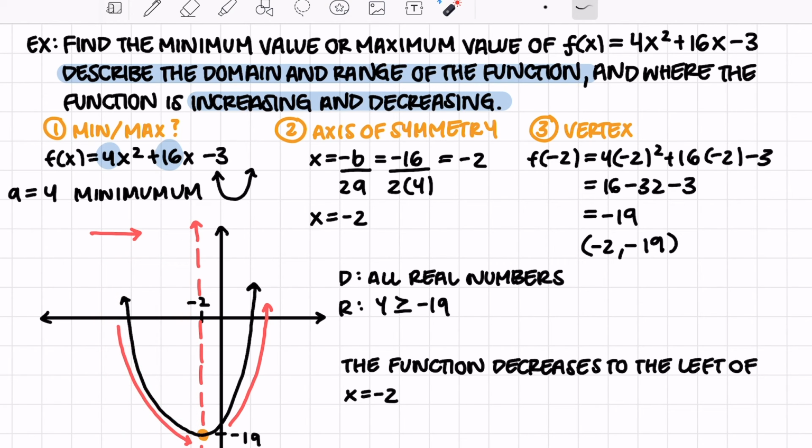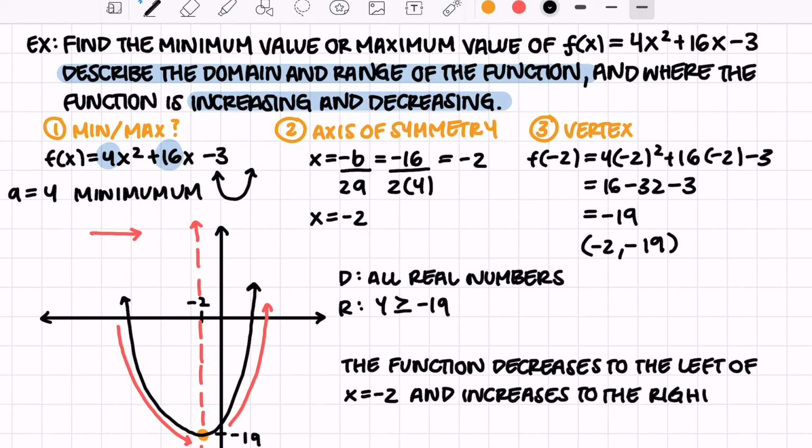Then it increases on the right side of x equaling -2. So x, and increases to the right of x equaling -2. Done. And that's how you would describe the following graph.